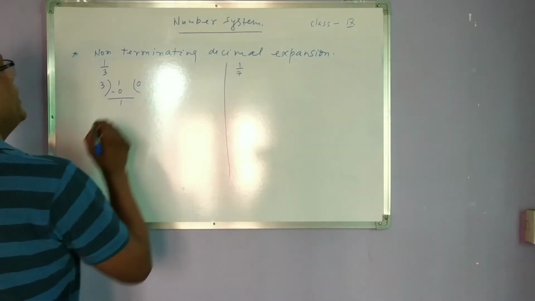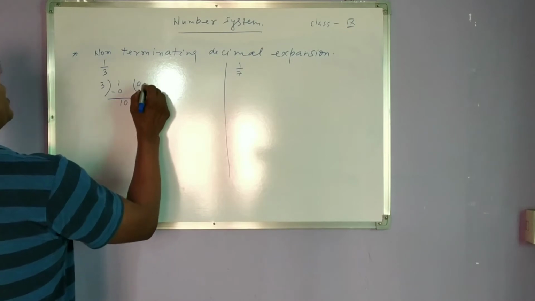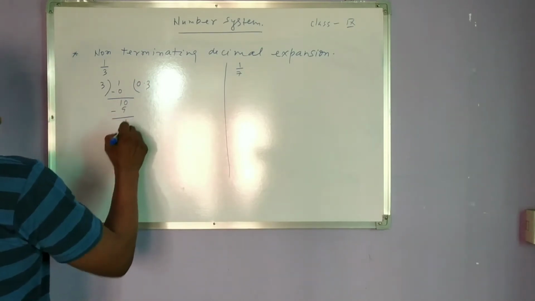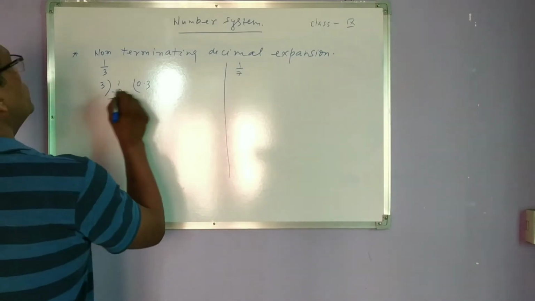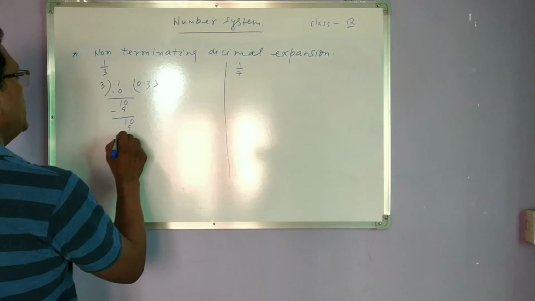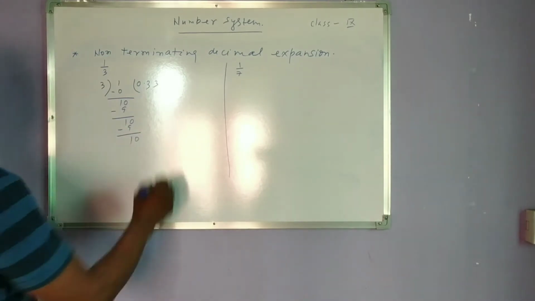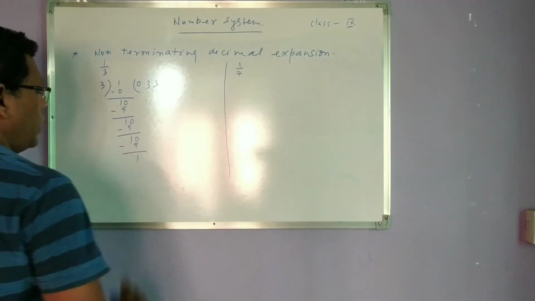Now put a decimal, and we put 0. Now 3 times 3 is 9. Subtract, 10 minus 9 is 1. Again you put 0 from your side, and 3 times 3 is 9. 10 minus 9 is 1.